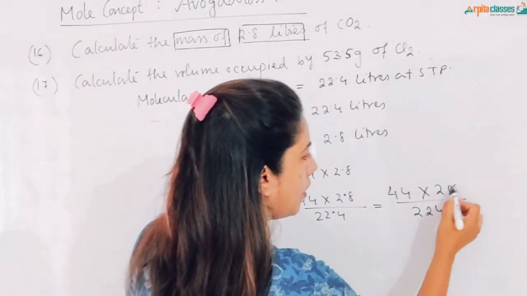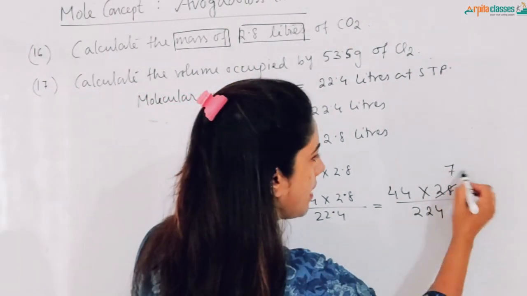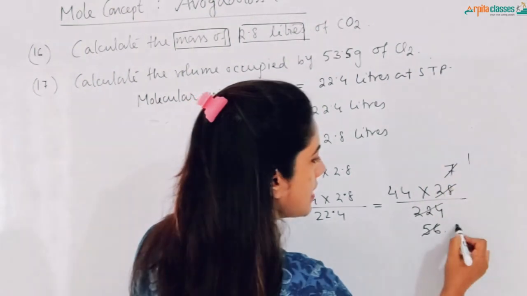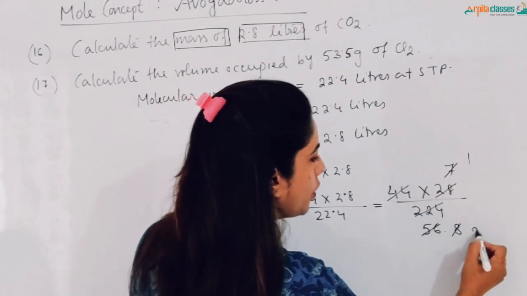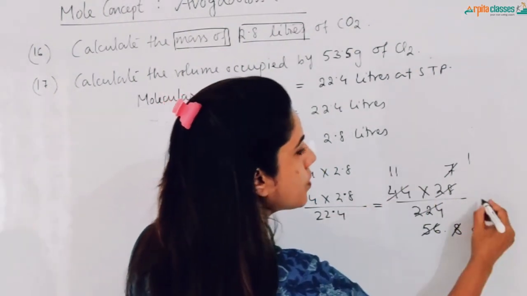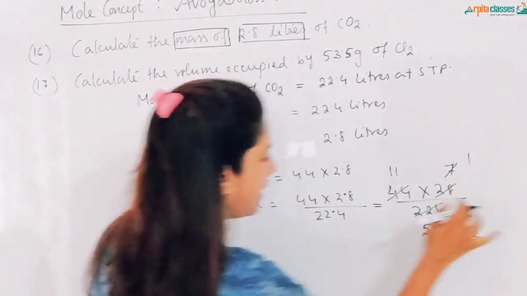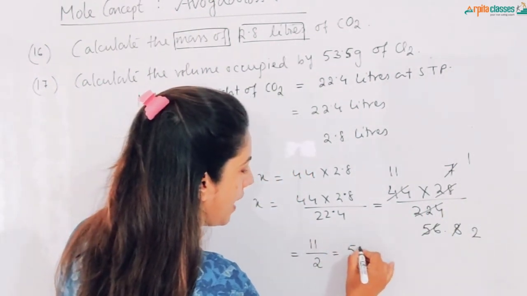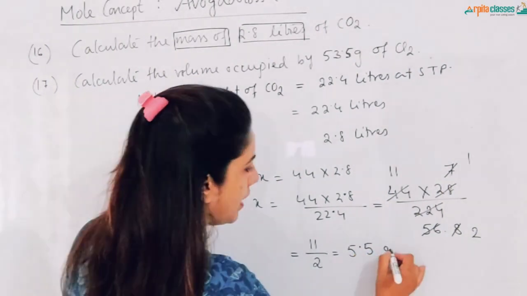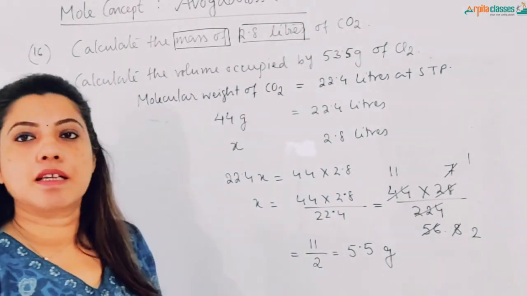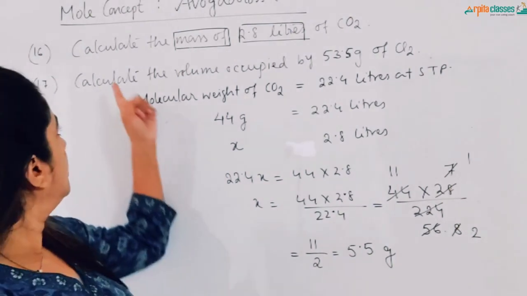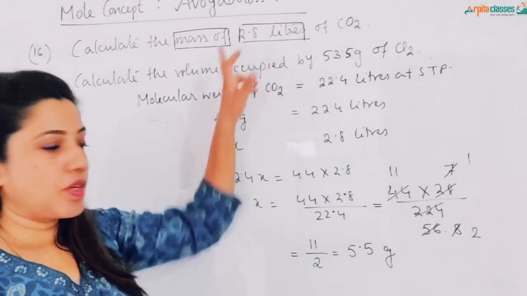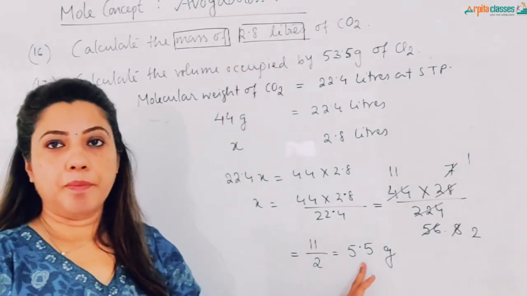You can reduce it by 4: 4 7 4 is 28, 4 5 4 is 224 reduces to 56, then by 7, 1 and 8, then by 4, 11 and 2. So, it is coming 11 by 2, that is 5.5 gram. So, the answer is 5.5 gram. 2.8 liters of carbon dioxide weighs 5.5 gram.